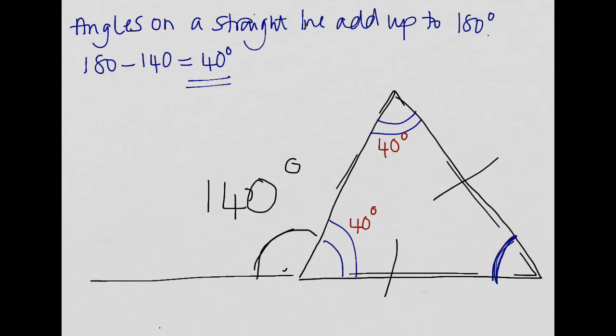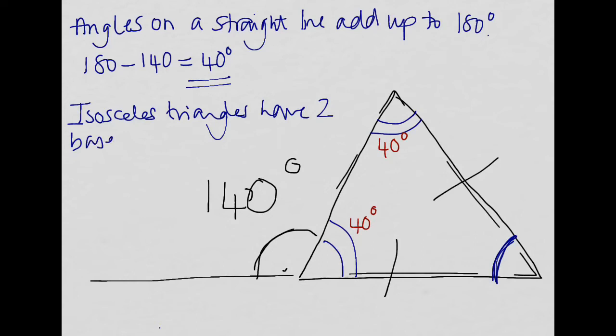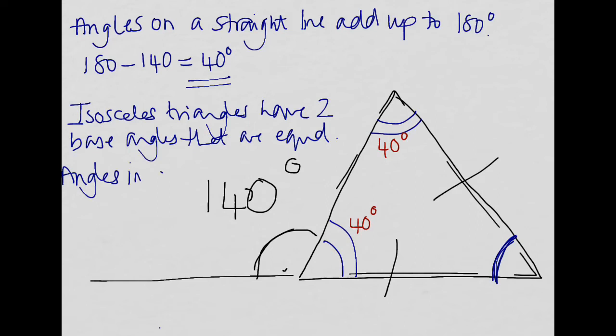So first of all, isosceles triangles have two base angles, they're called, that are equal, and angles in a triangle add up to 180 degrees.